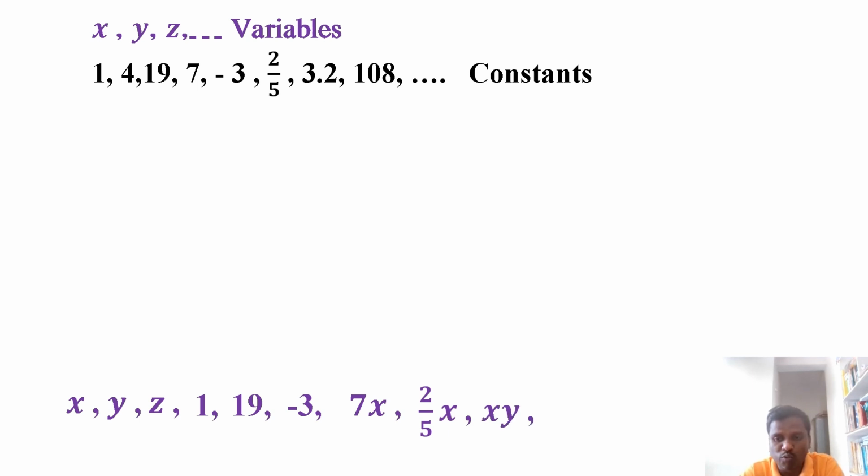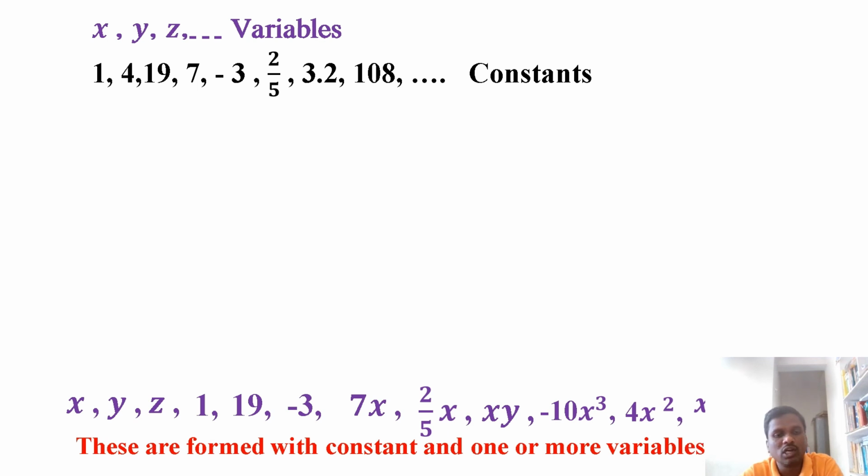Now xy has two variables. Minus 10x cube: minus 10 is a constant, the coefficient of x cube, and x is a variable. Now 4x square too. These are all formed with constants and one or more variables.